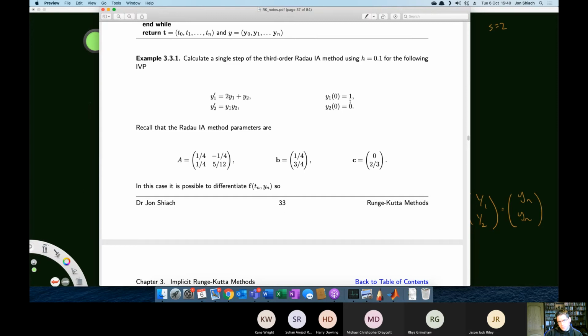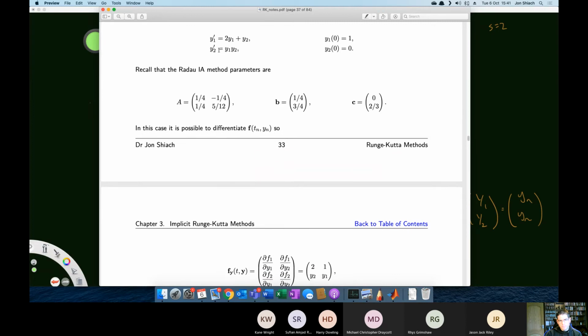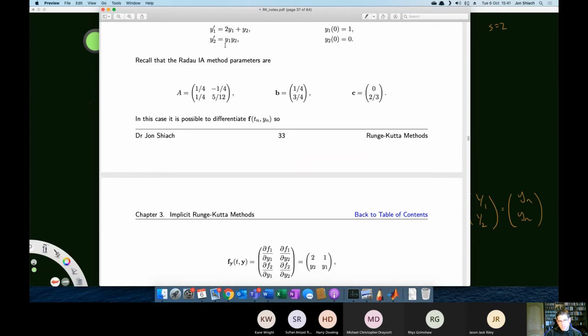We've got our 2 initial values here, and we're going to use the Radau IA method, which we used at the beginning of this webinar for the single ODE. Now, in this case, looking at our system, it's possible to differentiate this. If we calculate the Jacobian for these 2, you can see it's 2, 1, y2 and y1. That's fairly easy to do.